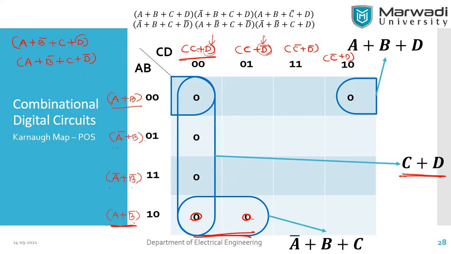So if you see, D plus D bar, as I said, the variable and its complemented form, these both are covered. So that variable will be eliminated, and then you will get A plus B bar plus C. And that's the reason you see A plus B bar plus C here. Understand this?